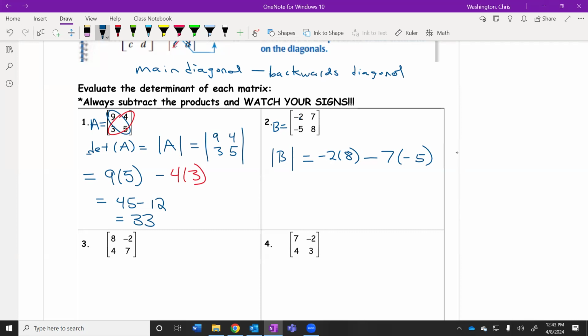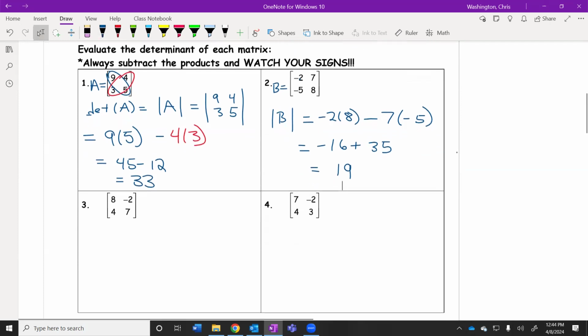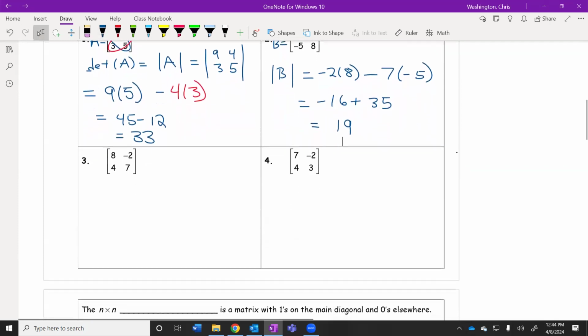So negative 7 times negative 5 is actually positive 35. It's really easy to leave a negative off. We get negative 16 plus 35, and that is equal to 19.